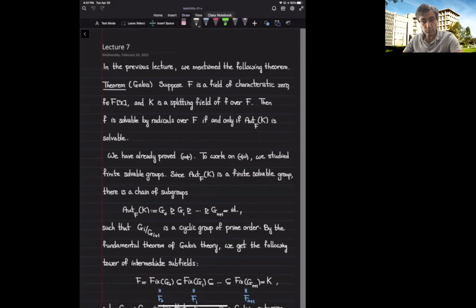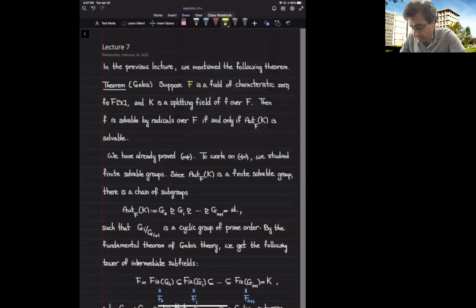That means that if the group of automorphisms of a splitting field of this polynomial over the base field capital F is a solvable group, then the polynomial is solvable by radicals. So let me go through the statement.